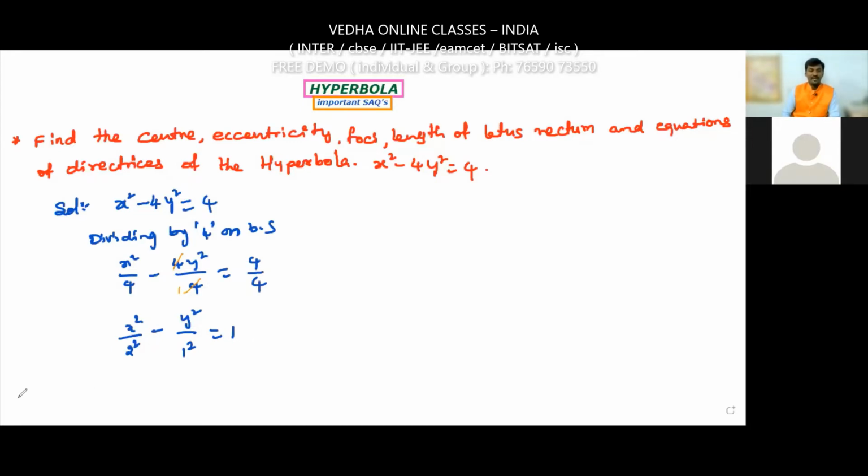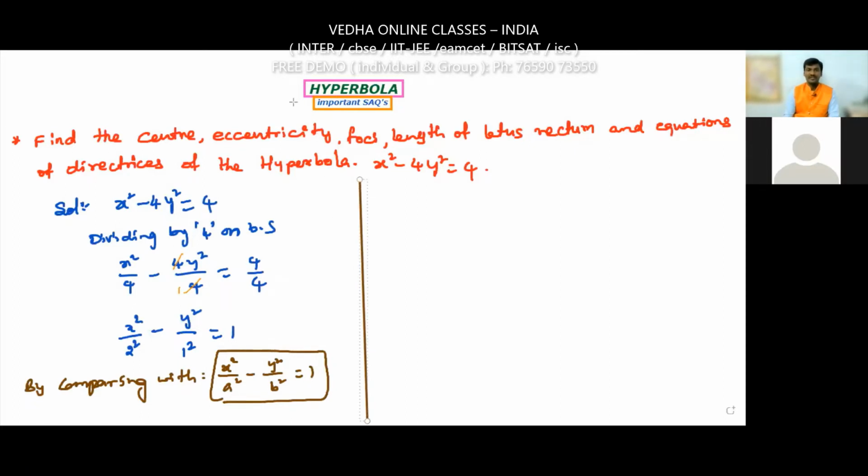By comparing with the standard form of the hyperbola x square by a square minus y square by b square is equal to 1, what is the a value and what is the b value? Here a value is equal to 2 and b value is equal to 1.